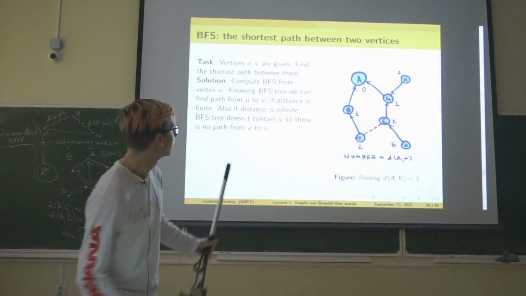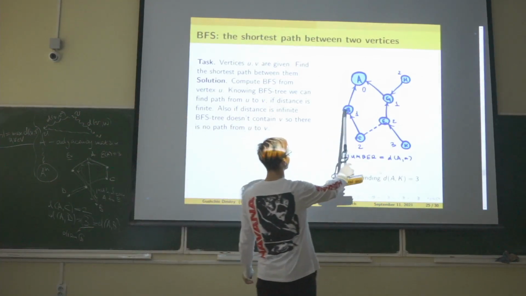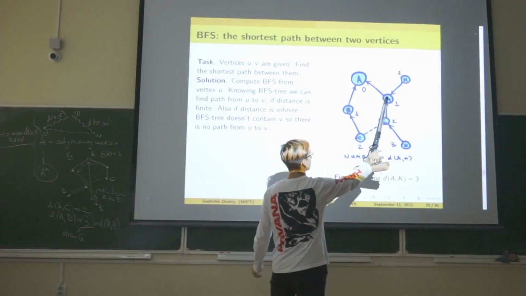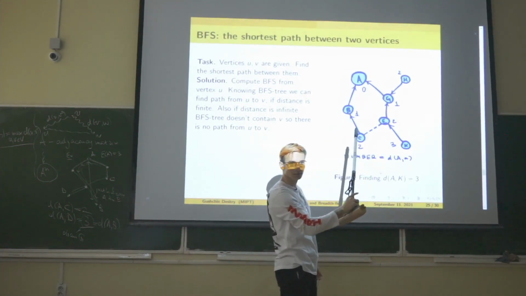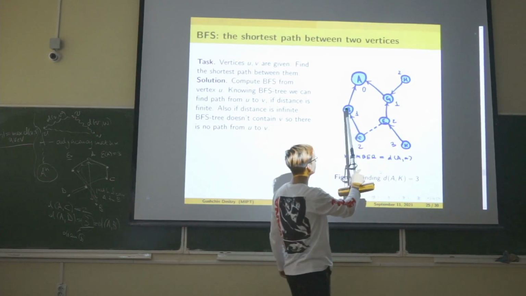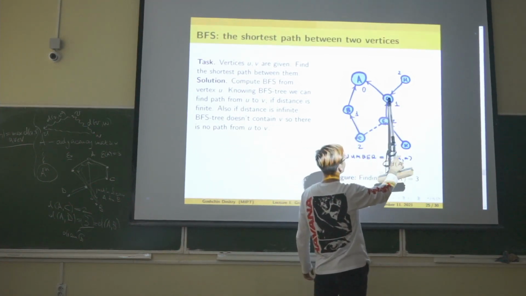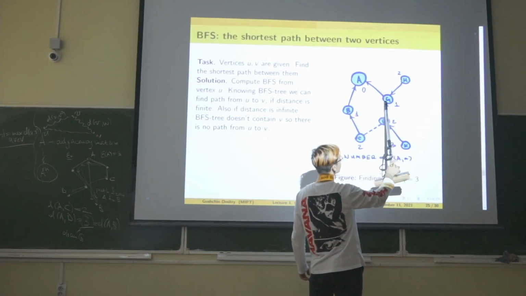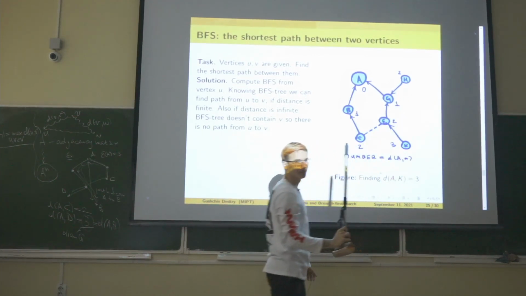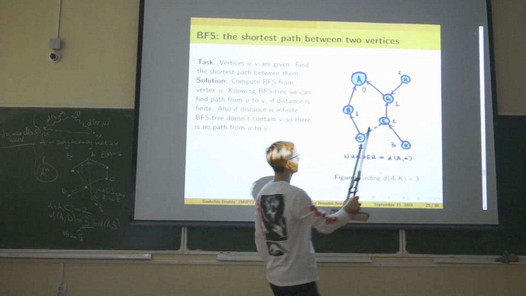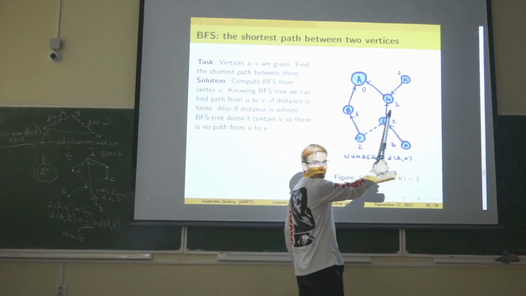For example, for these two vertices, we say that the start vertex is the parent, okay? And then when we repeat our cycle for this vertex, we say these vertices have parent equal to this vertex, okay?